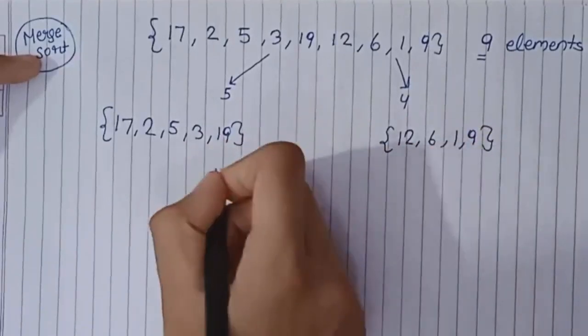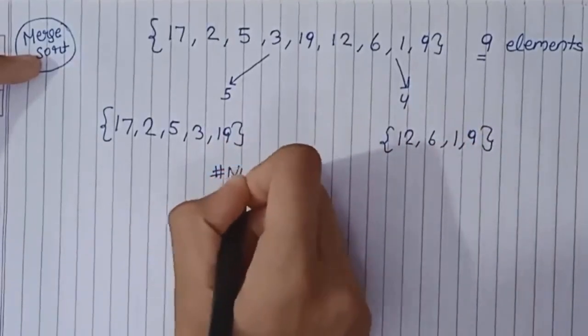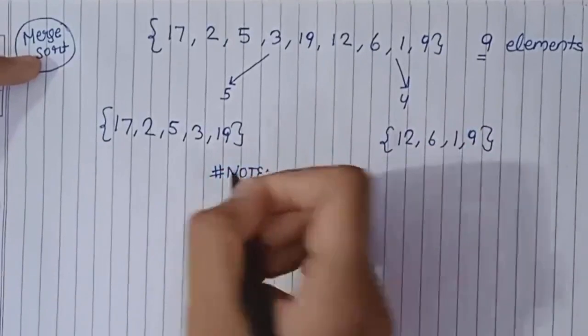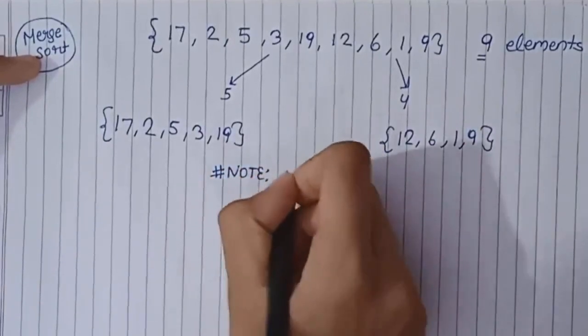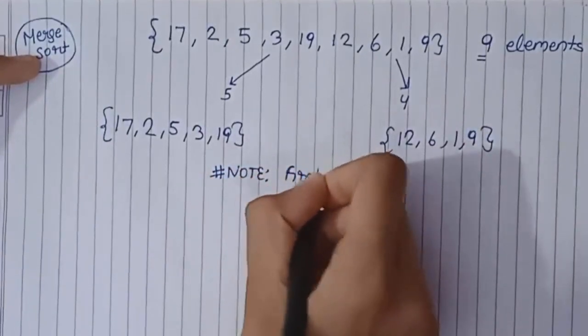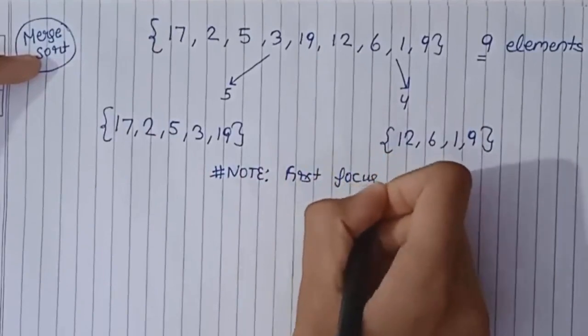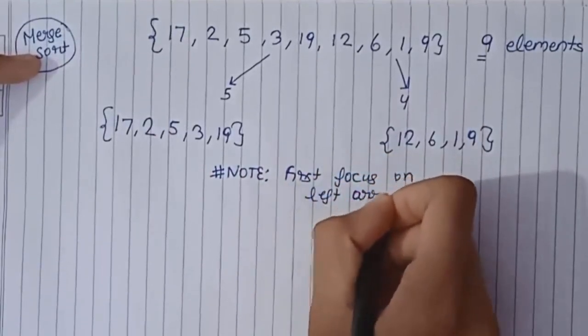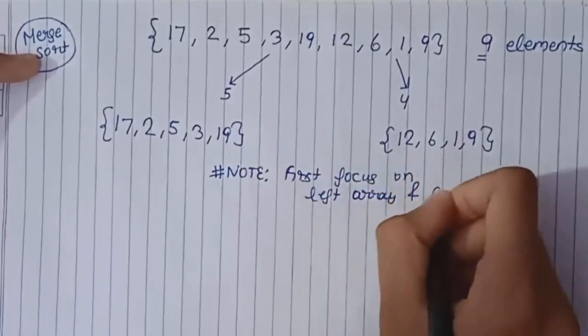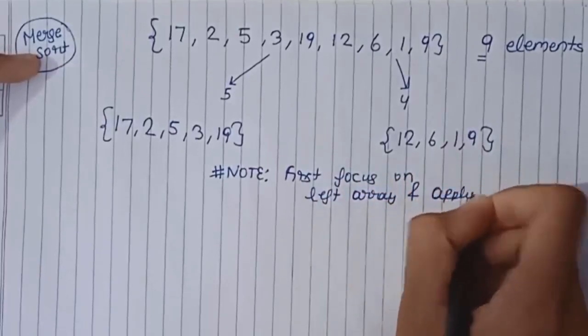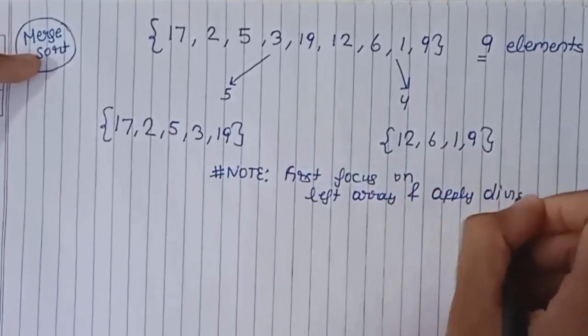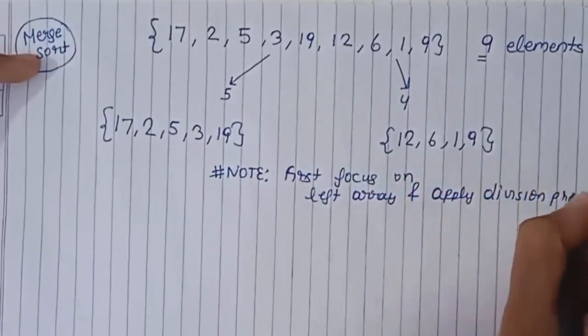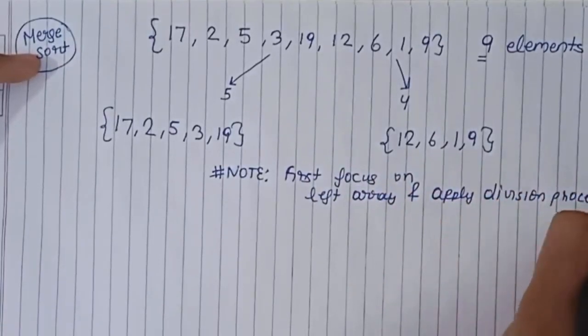And again you need to note that after each division we will first focus on the left array and apply the division procedure on it.